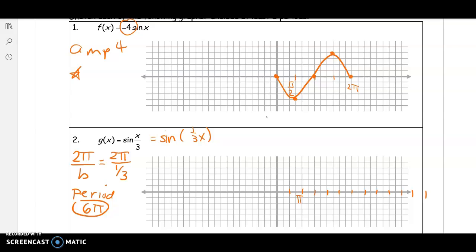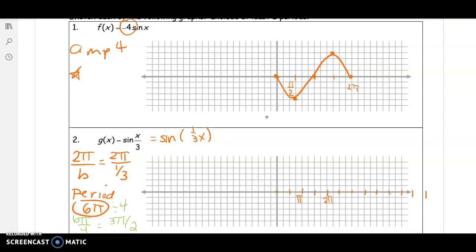To determine how far apart each point is, like in the original, where 2 pi is the period and pi over 2 is the distance between each x input, you take the period and divide it by 4. So 6 pi divided by 4 is 3 pi over 2. That's how far apart our x inputs are going to be. Luckily there's no vertical change, phase shift, or amplitude different than 1.